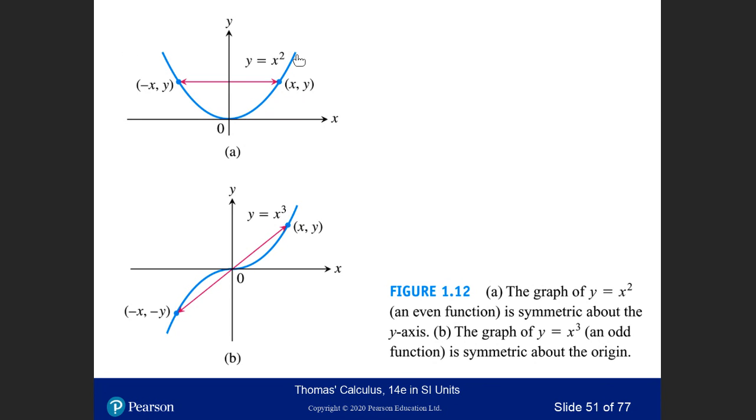So y is equal to x squared decreases on minus infinity to 0 and increases on the interval 0 to infinity. Now, if you look at this function, this is always increasing. So y is equal to x cubed always increases in the set of real numbers, between minus infinity and plus infinity.